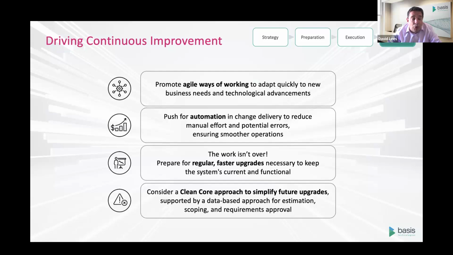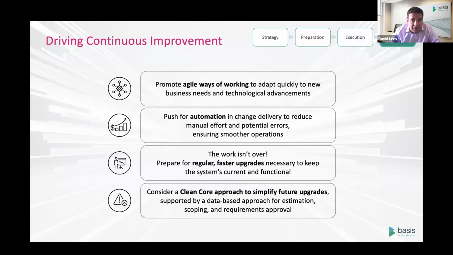But there's also going to be a wave of S4 to S4 upgrades that are likely to build as well, because even some of the early adopting S4 customers are now out of support or reaching end of maintenance for some of those early S4 releases. So there's going to be more and more demand for skills and resources in the marketplace, and wherever automation can help you drive down the need for that manual activity, the better.